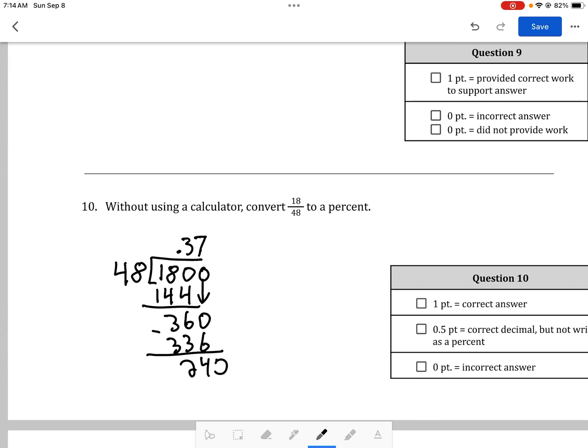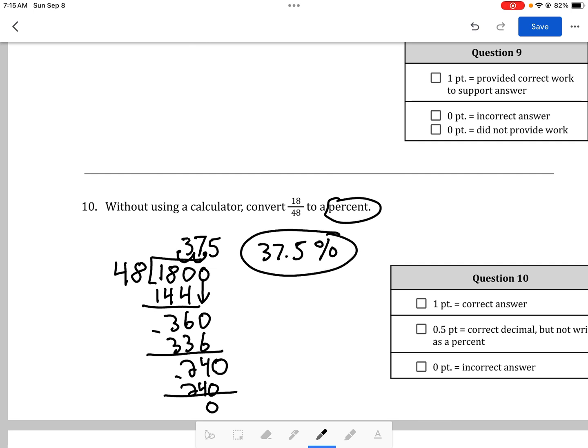I need to add another 0. 48 goes into 240 5 times. 5 times 48 is 240. So I have no remainder. I have 0.375. Now that's not a percent, and we need to convert it to a percent. Remember, if I'm changing from a decimal to a percent, I need to move my decimal 2 places to the right. So I'm going to switch this 2 places over, and this becomes 37.5%. Good job, friends.